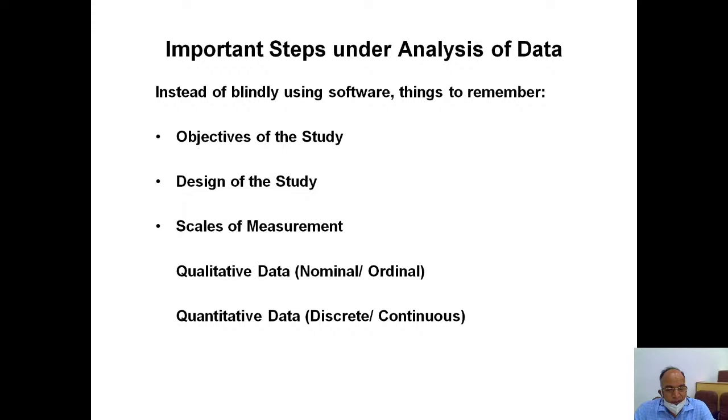Design of the studies is there. As I introduced in the previous lecture, there are certain study designs, whether we have the cross-sectional study, or the case control design, or the cohort design. We have to be very clear, because there are many points which will guide us to a specific data analysis.